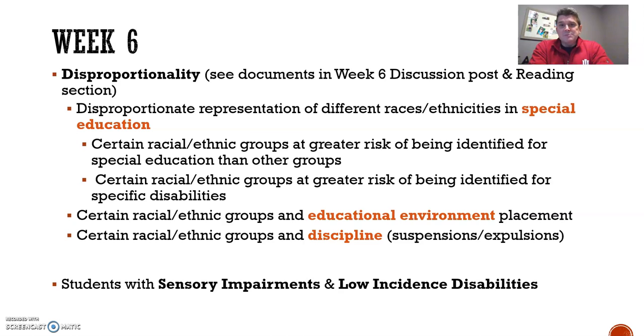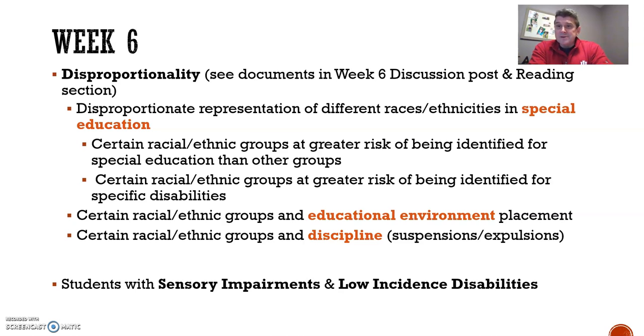So when you think about disproportionality, there's several resources in Canvas, but I wanted to give you some background knowledge about disproportionality. There are several different areas that you can look at when we talk about disproportionality in special education. It could be that we look at the representation of different races and ethnicities in special education.